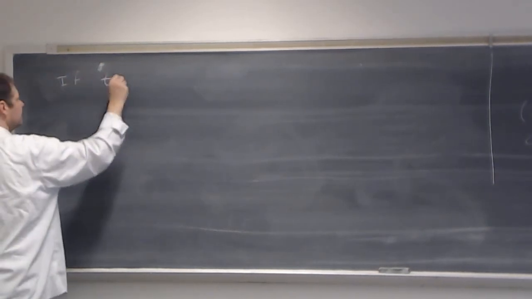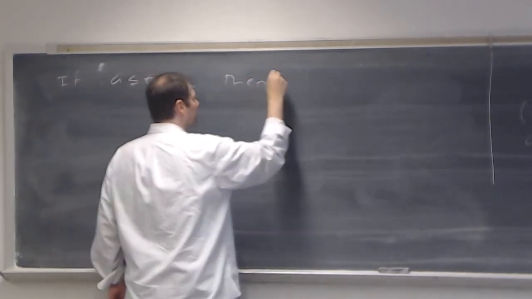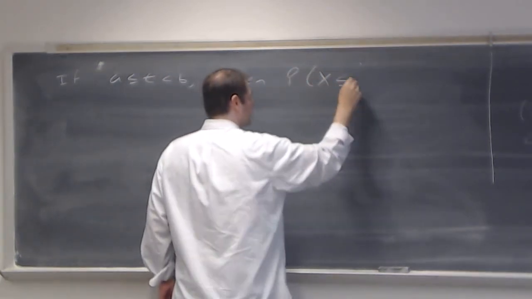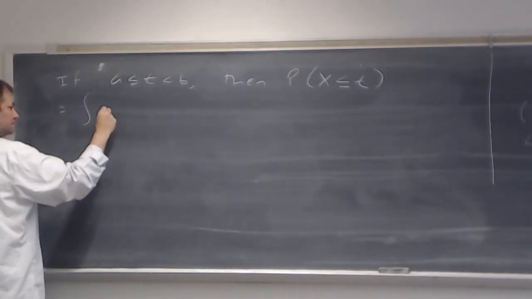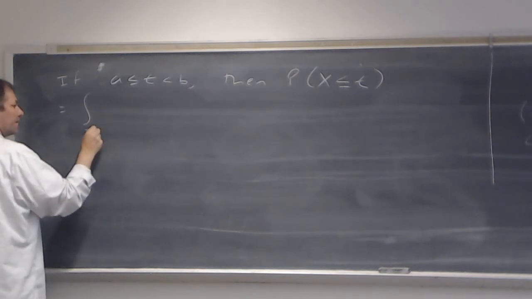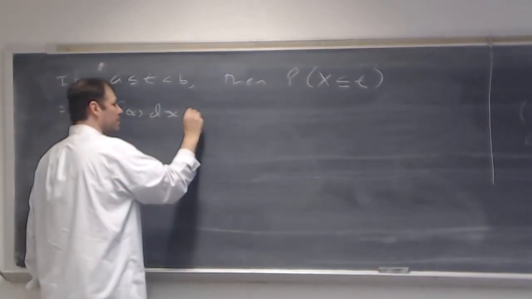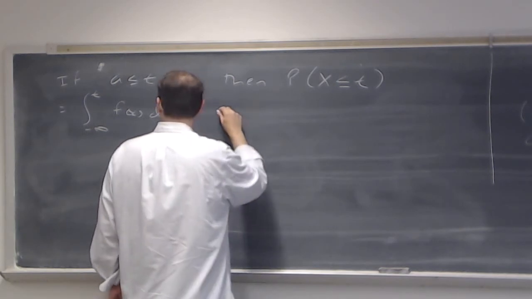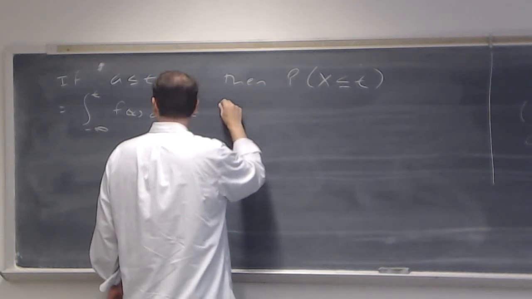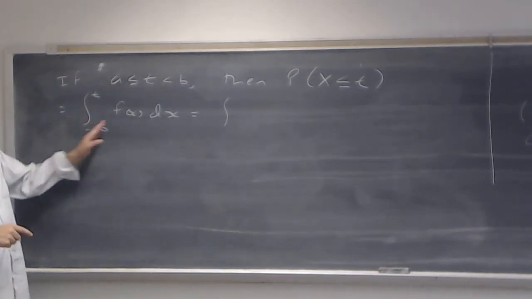Now, if we consider other t's, let's say, for instance, if t is bigger than a, yet less than b, then the probability that our uniformly distributed random variable is less than or equal to t is, by the definition of the PDF, the integral from minus infinity to t of f of x dx. From minus infinity up to a, this is 0.